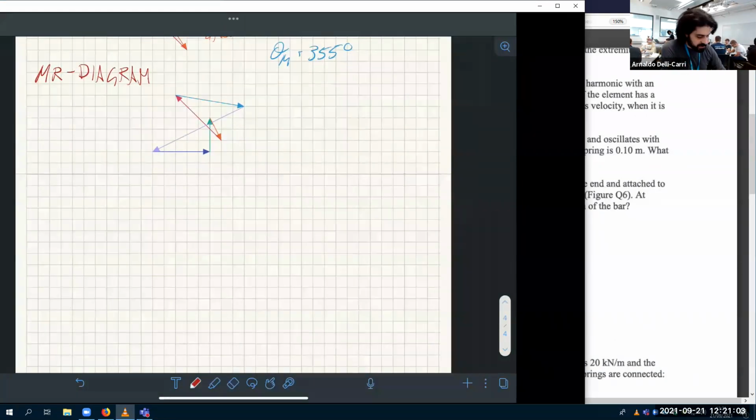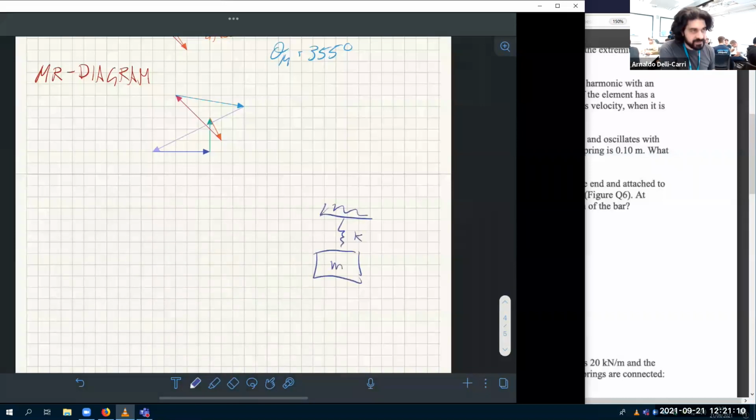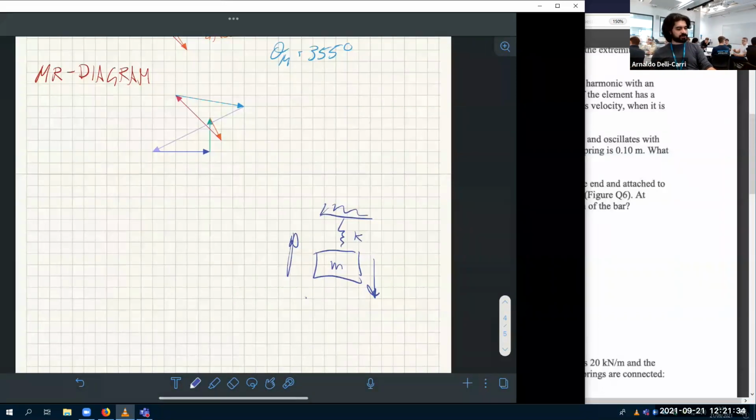You might have noticed that any system that exhibits inertia, mass, and stiffness will feel a restoring force. So if this mass goes down, the spring will try to prop it back up. But since the mass has inertia, this mass will overshoot.